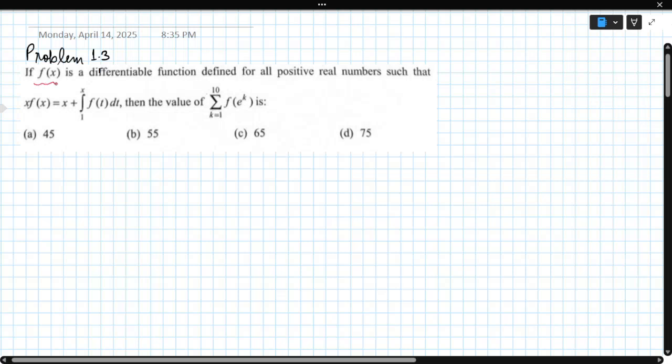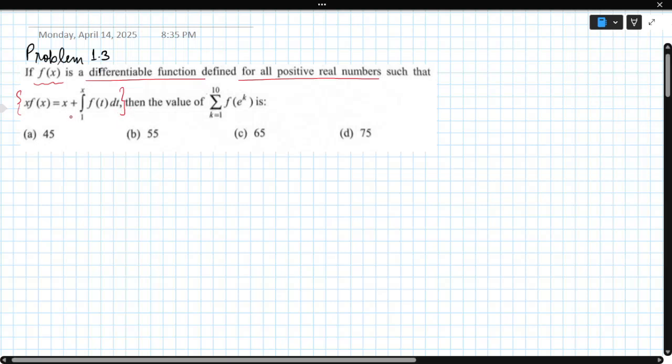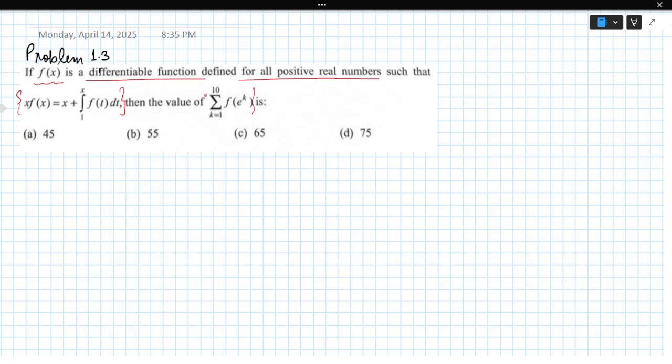Here it is defined that f(x) is a differentiable function defined for all positive real numbers such that this condition is satisfied. Now, if we carefully observe, this condition is given to evaluate this.